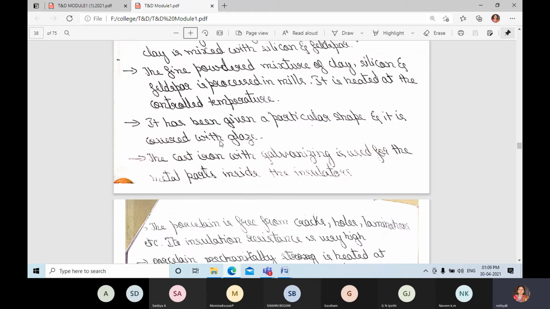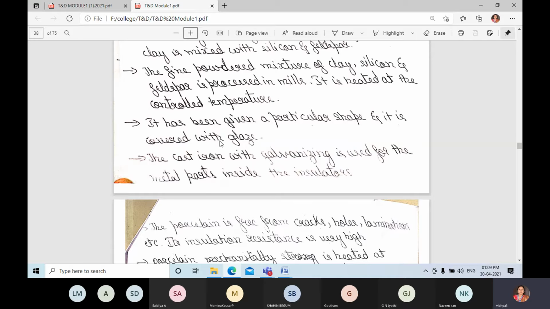Cast iron with galvanizing is used for the metal parts inside the insulator. To prepare the porcelain, clay, silicon and feldspar powder is processed in a mill and heated at a controlled temperature.